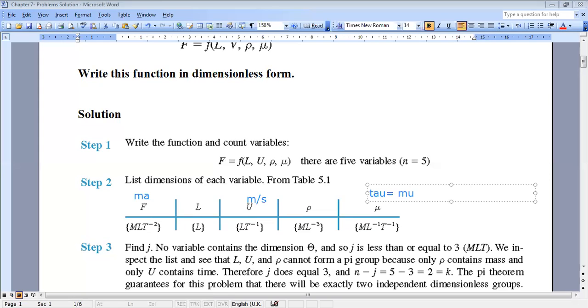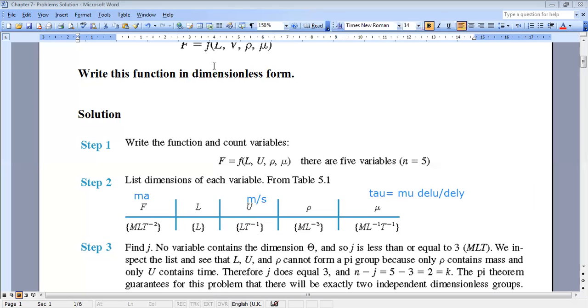Exactly, because tau is mu times du/dy. If you want to derive the unit of mu, all you have to do is look at du over dy: the unit is 1 over a second, because u is meter per second and y is meter.